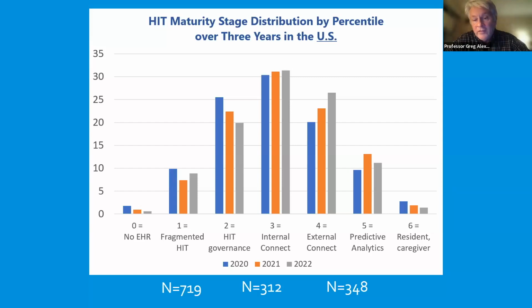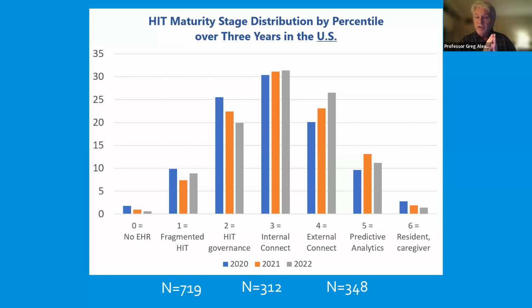And what you'll see here is that over the course of 3 years, the gray bar is the third year in 2022, the blue bar is 2020, and the orange bar is 2021. And you'll see here that there was an increase in the higher level of stages that occurred in 2022 as compared to 2020.